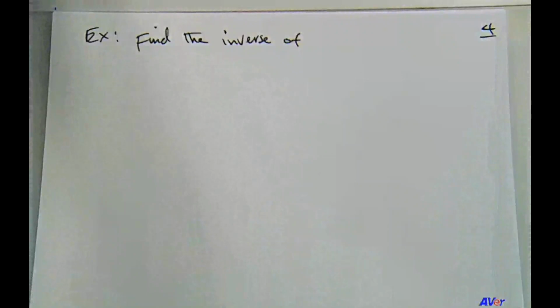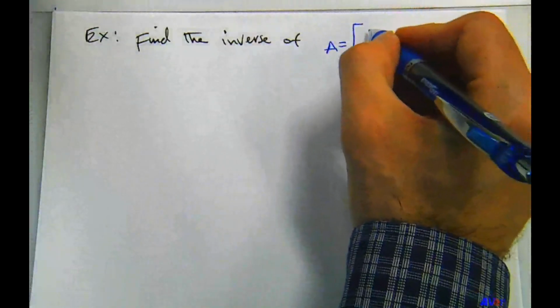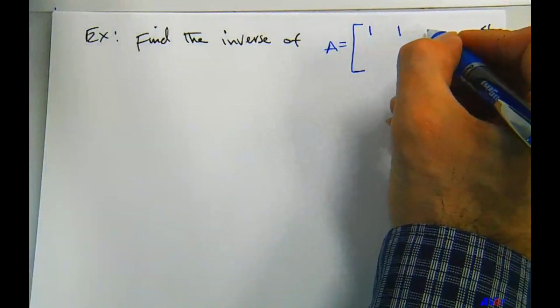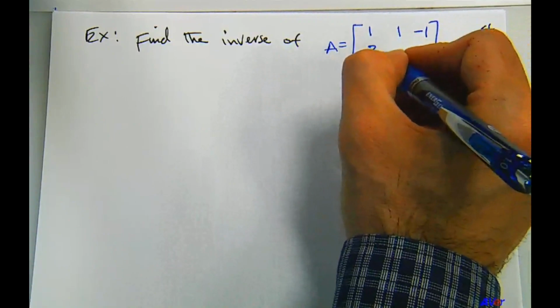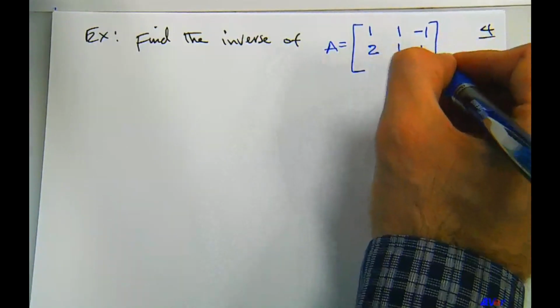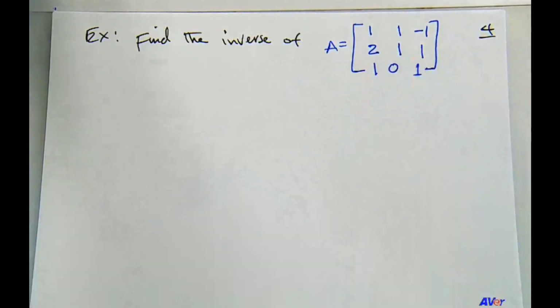We want to find the inverse of matrix A, which has these elements: 1, 1, negative 1, 2, 1, 1, 1, 0, 1.